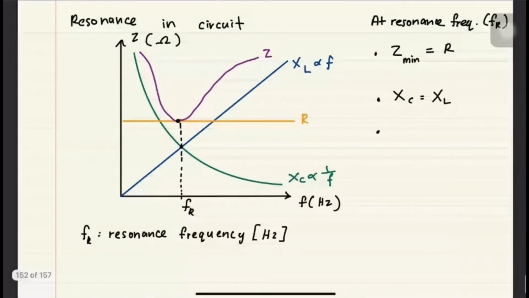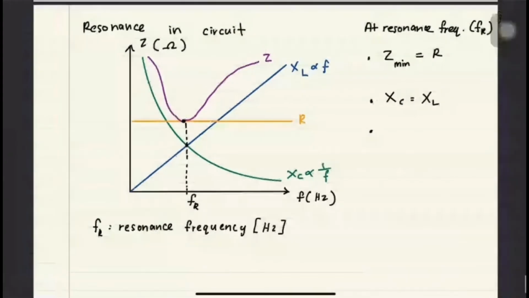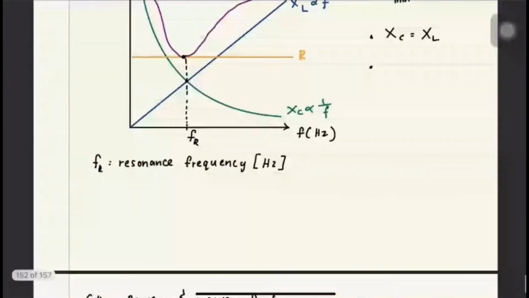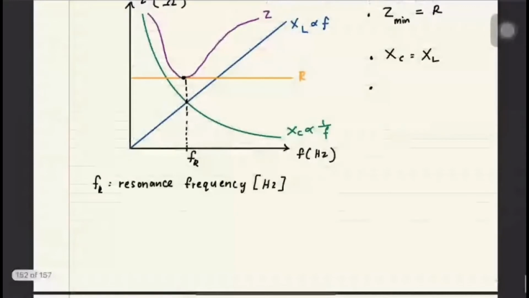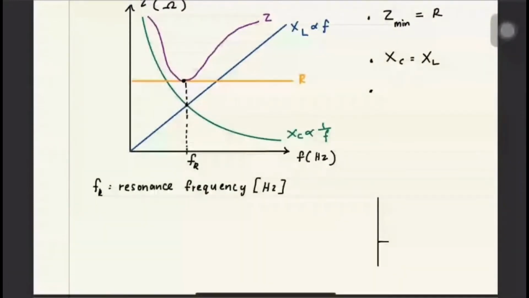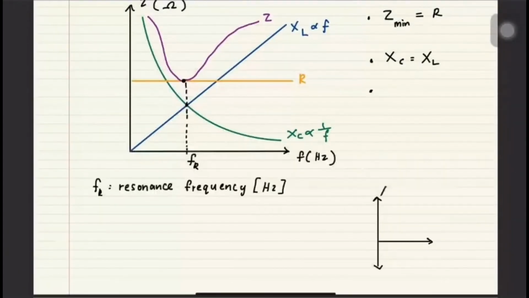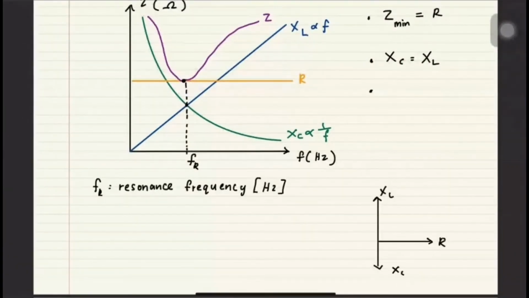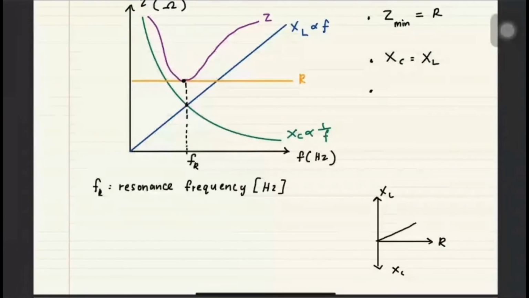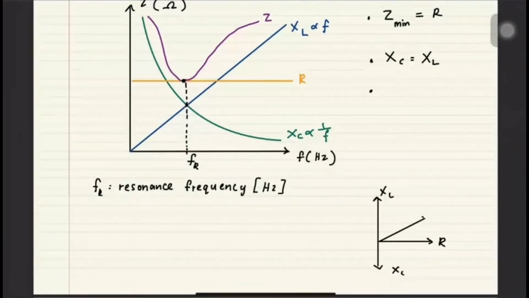Okay, and if you guys still remember, if you make a phasor diagram, let's see if I draw the phasor diagram over here. Let's say this is your XL, this is your XC, this is your R, and that one is your Z. This is your phi.